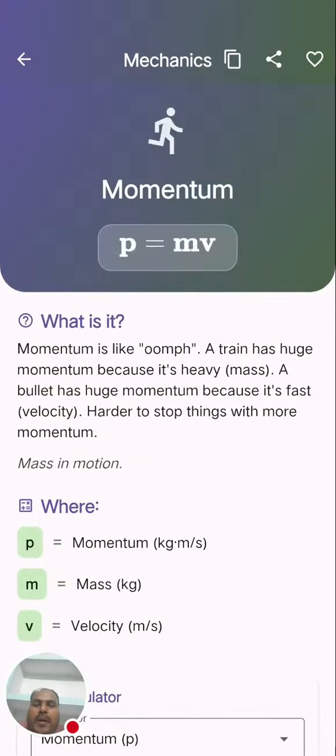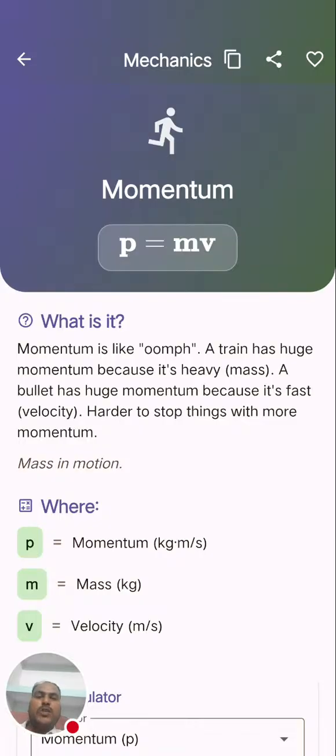Next formula we have is momentum. What is the formula of momentum? P equal to mv. This is the momentum formula. A train has a huge momentum because it is heavy mass.